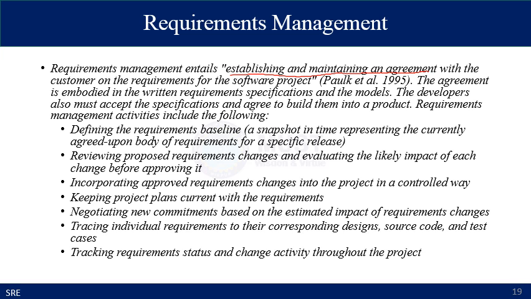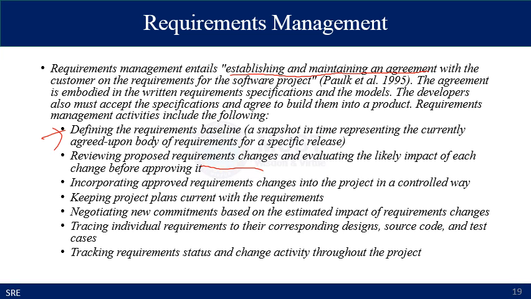Requirements management activities include the following. The definition of the requirement baselines is done in the previous step and agreed requirements are specified in the requirement specification documents. The requirement management process reviews the proposed requirement changes and evaluates the likely impact of each change before approving.